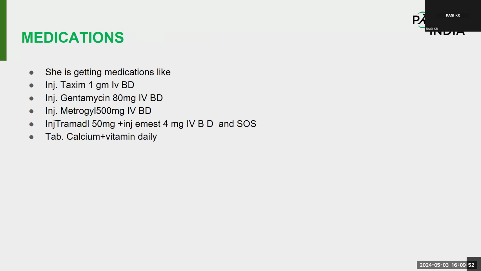And for pain, we put some medications like tramadol 50 mg along with the 4 mg IV BD. And if she feels pain, then we give tramadol for SOS, and we have some vitamin and calcium for the daily medicine.